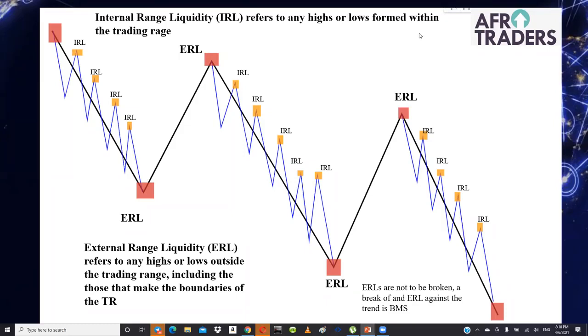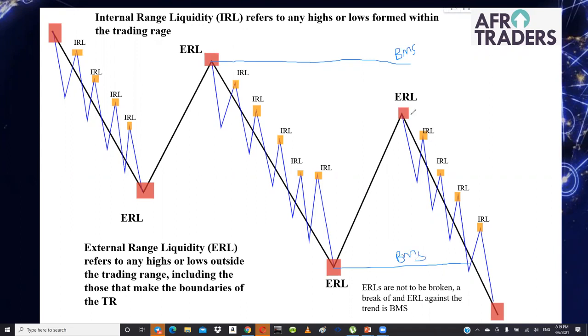So for instance, if price trades above this external liquidity, they have a break of structure. Okay. This is against the trend. This is in the direction of a trend. This is also a break of structure, BMS.